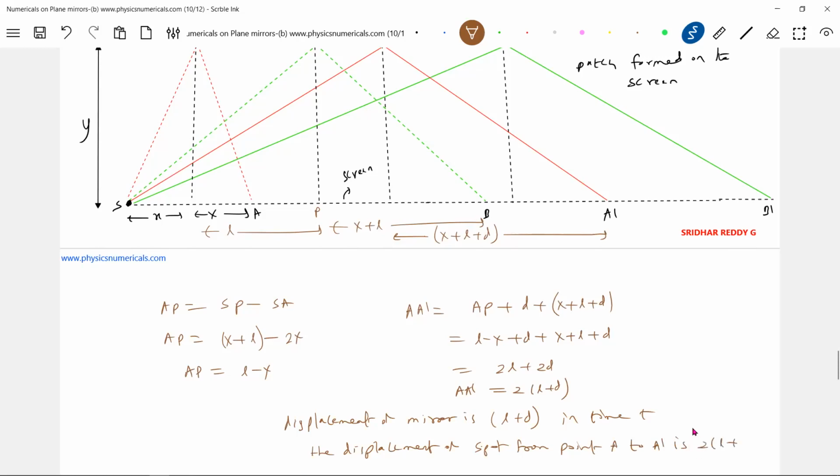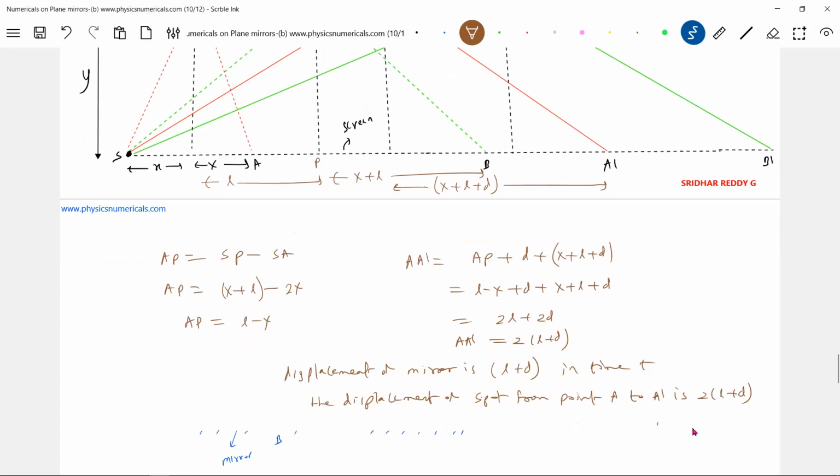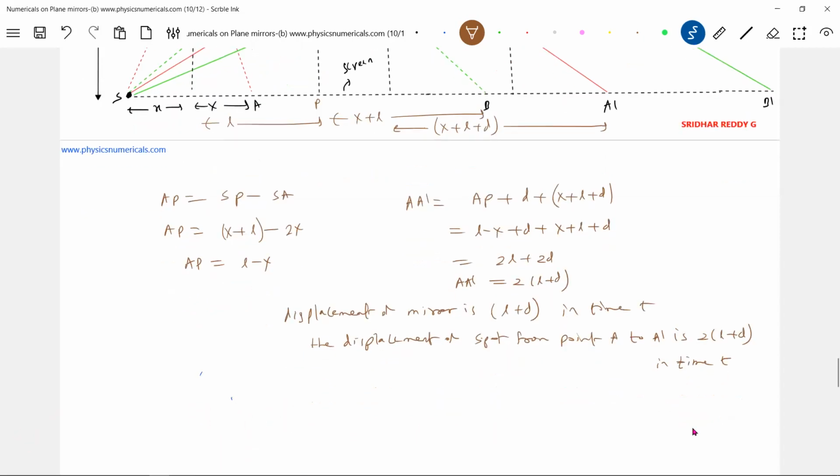Two times L plus D in that interval of time. So what is the conclusion now? With what speed will the patch move? The patch moves with a speed 2v. What is the speed of the mirror? The mirror moves with a speed v.